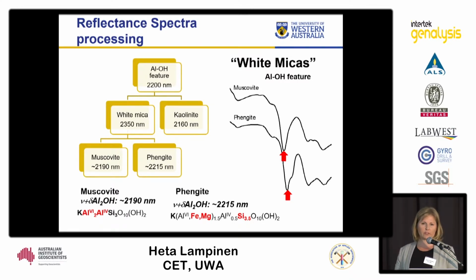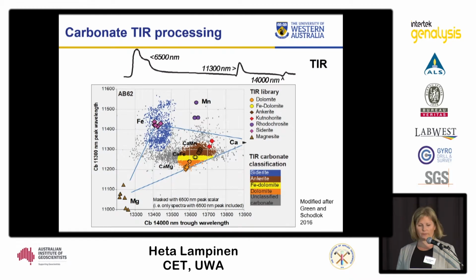Using other scalars, for chlorites I could also identify chlorite and white mica patches. Then in the white mica only, based on the wavelength position, I could tell whether you had a white mica with some iron, magnesium and silica replacing in the lattice, or a more stoichiometric, aluminum-rich one. And for carbonates, I was relying quite a lot on the thermal, and used that later for calibrating the SWIR processing.